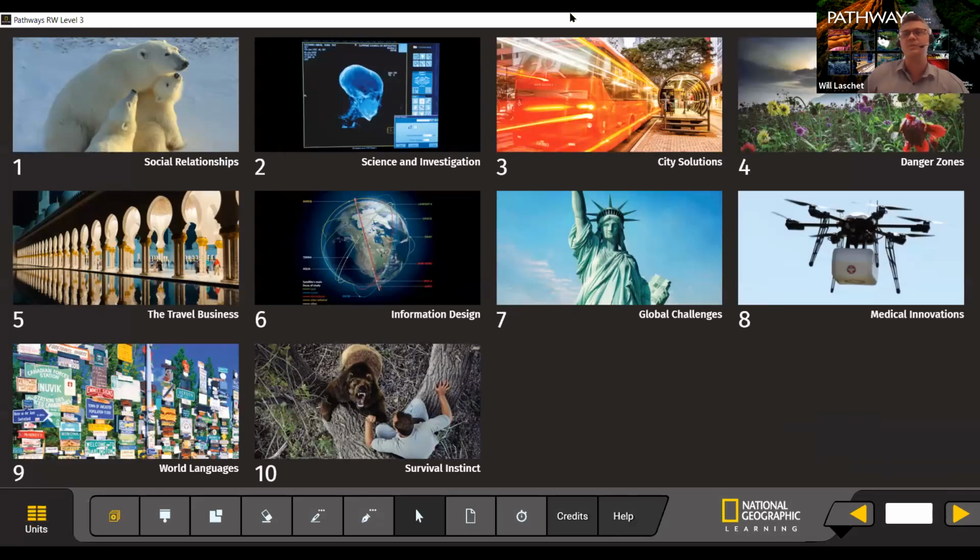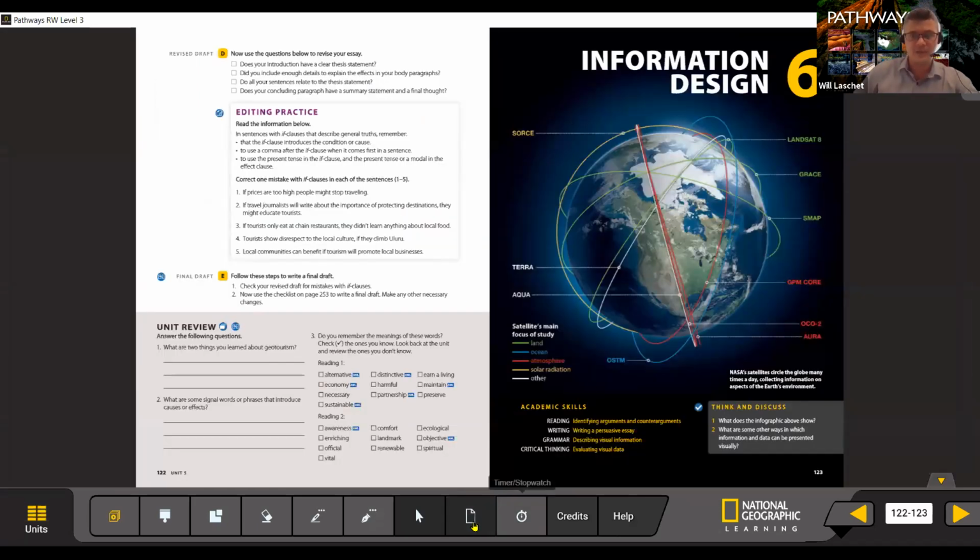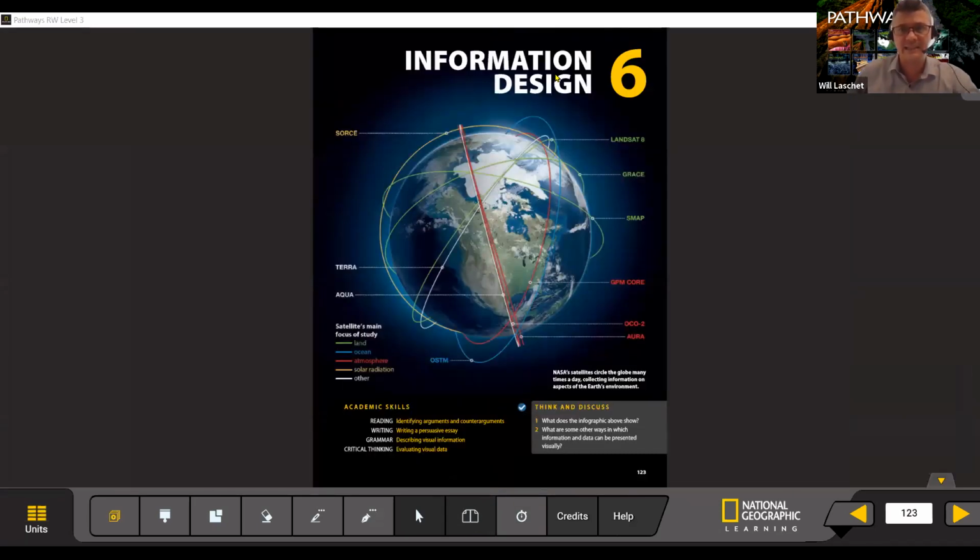This is basically a digital textbook, which has all of the different units from Pathways, but it also has a lot of other features such as audio, video, games, interactive activities. So we're looking today at information design. We're going to go into the unit, and we are looking at Unit 6.